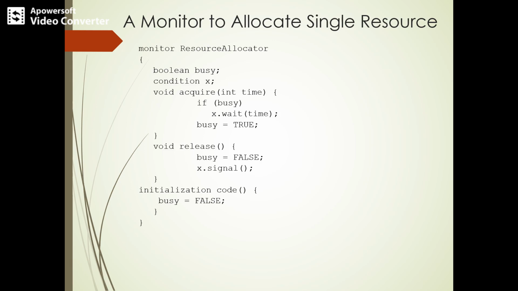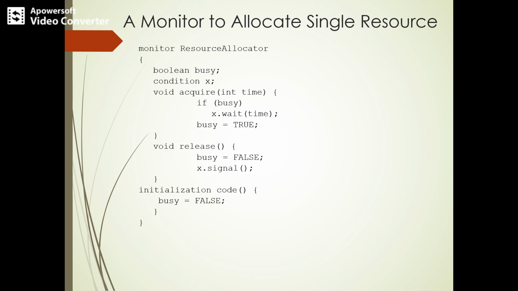So we have called functions from the resource allocator, that is acquire and release. In acquire, we have specified a parameter called time, and initially busy is set to false, since there is no process acquiring the resource. Once acquire is invoked, it checks the busy condition. If it is false, then it can ask for the resource, else it has to wait.